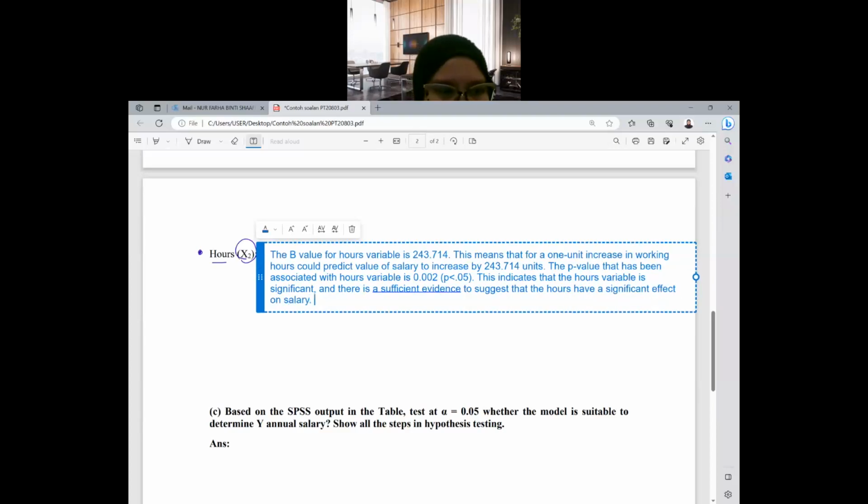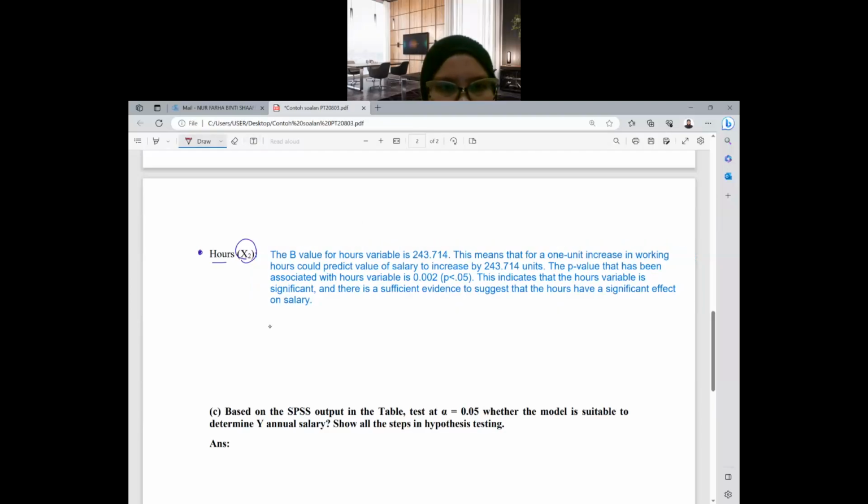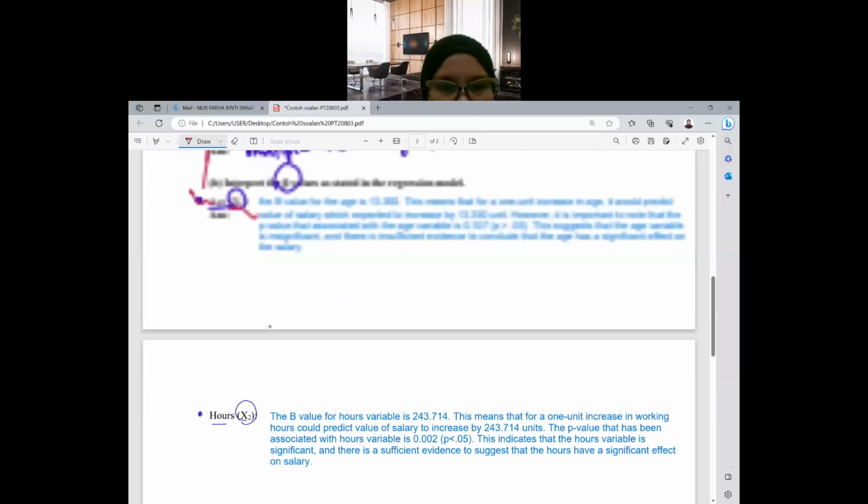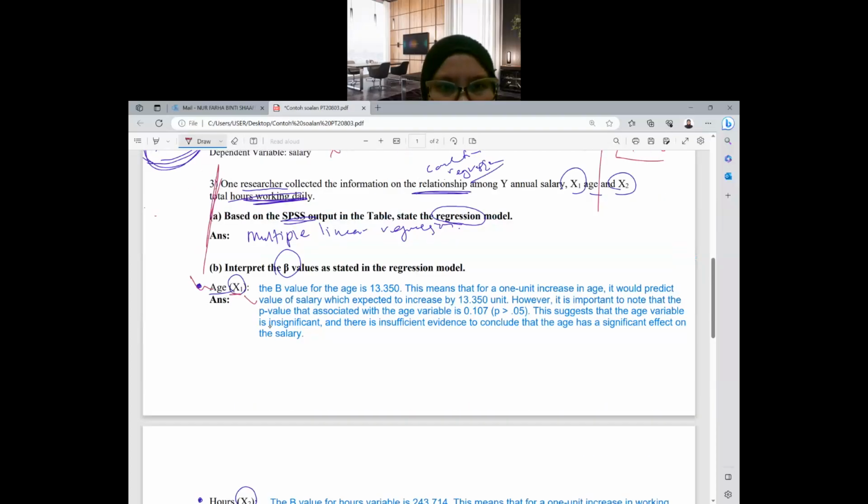So that is how you report on the beta value. So you have interpreted both the values for age and hours.